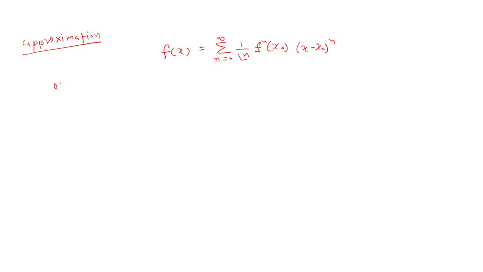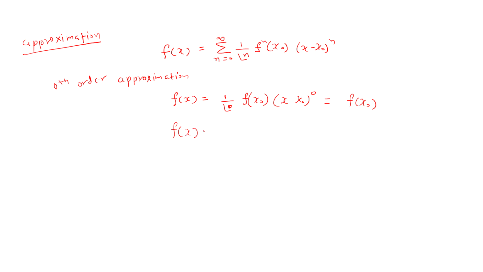So if I take the 0th order approximation, then that will be 1 upon factorial 0, f of x0, x minus x0 to the power 0, and that will be f of x0. So this is my 0th order approximation.